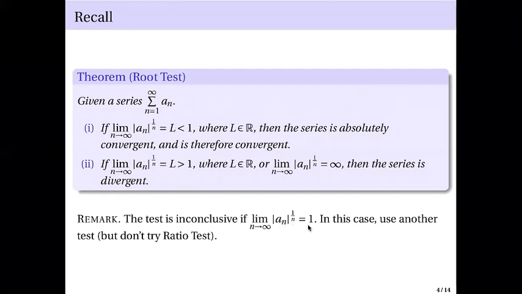If it is equal to 1, then this root test also fails, meaning the test is inconclusive, just like the ratio test. So in order to determine whether this series is convergent or divergent, you have to use another test. But do not try the ratio test, because if you try the ratio test, you will also get a limit equal to 1. So don't try the ratio test.